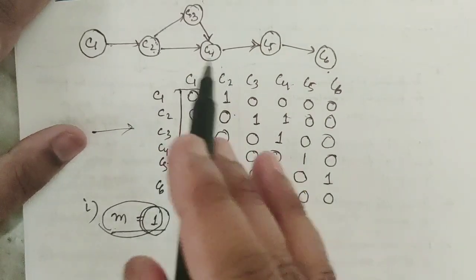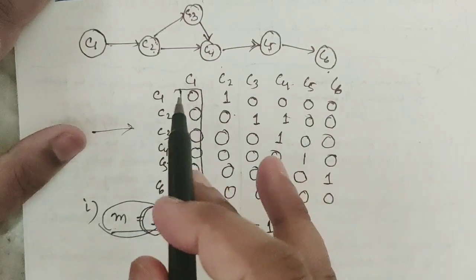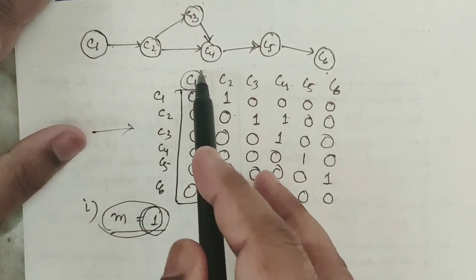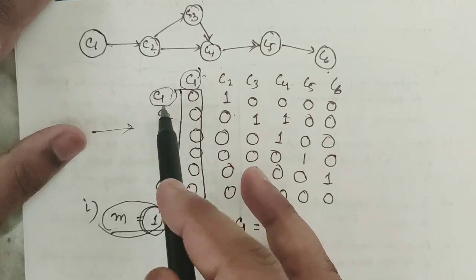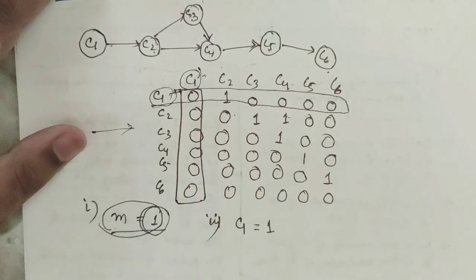Then we have to delete the column and the row for C1, that is, delete the first row and first column. Fine. And increment the value of m by 1. So m is now 2.